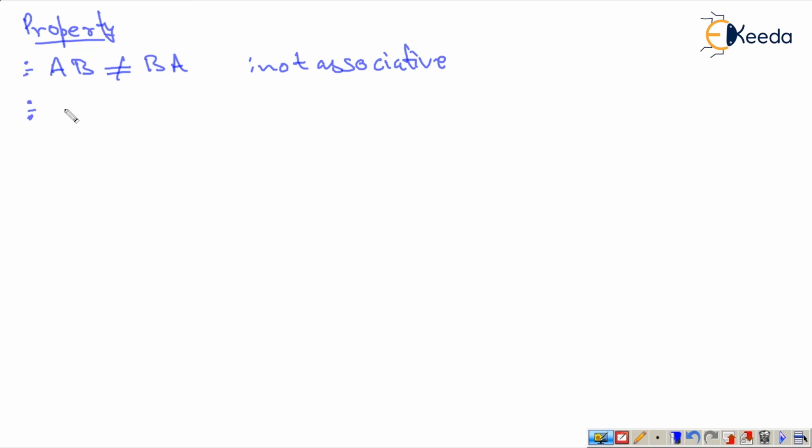Next is ABC is equal to AB into C. So we are considering that the multiplication is feasible, defined, and then we are considering this property. So this is associative.